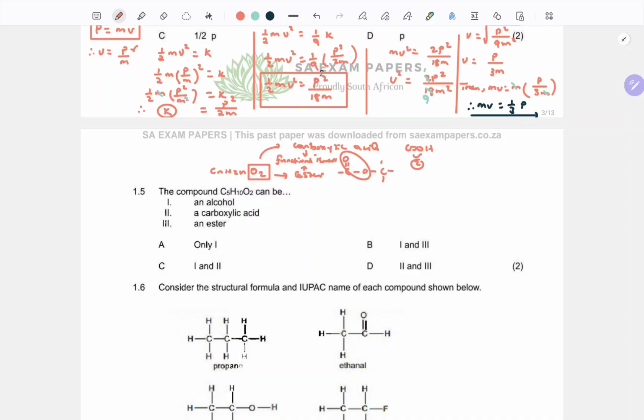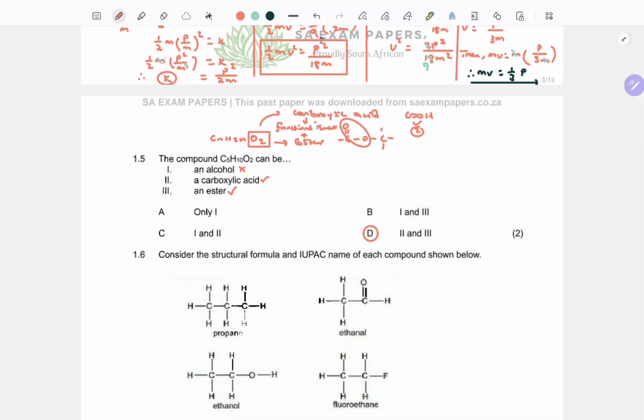Now it says this compound can be an alcohol. No, it can't be. Yes, a carboxylic acid or an ester. So the answer is 2 and 3. So this is D. So again, a bit of understanding of how these functional groups work, or at least how these molecules work, is good.